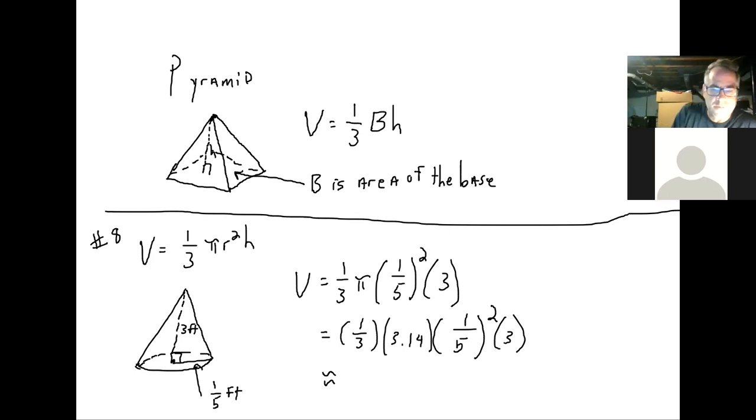All right, so I'm getting, to 2 decimal places, on the calculator 0.1256. It said the hundredths place, so that is 0.13.